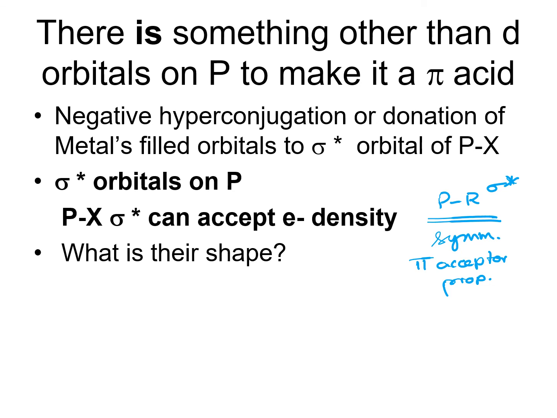The sigma star orbitals on phosphorus then are low enough in energy to accept electron density into them, and as a result it can function like the d orbital and behave like a pi acceptor. Now the question is, what is their shape? Is the shape of the sigma star orbital on the PX3 ligand similar to the d orbital on the phosphorus, or is the symmetry suitable for accepting electron density into the sigma star orbital?